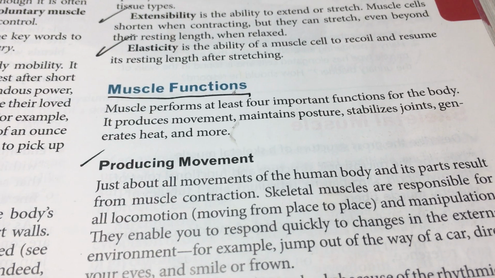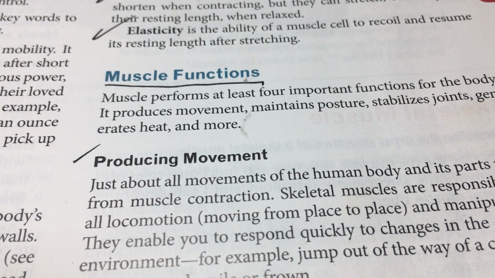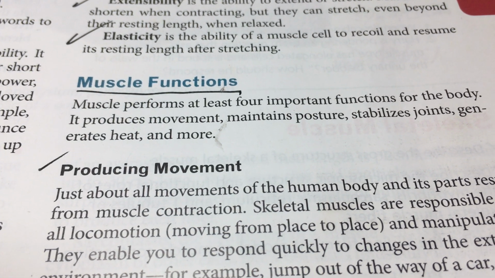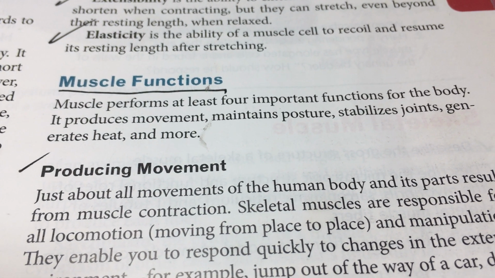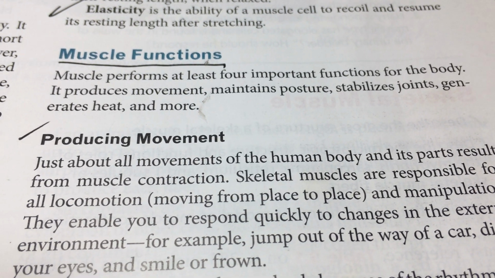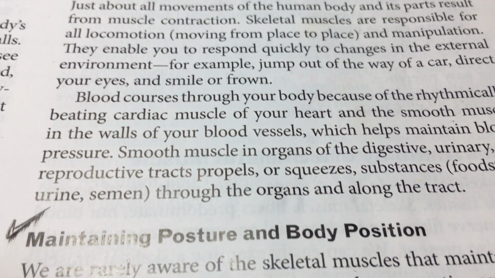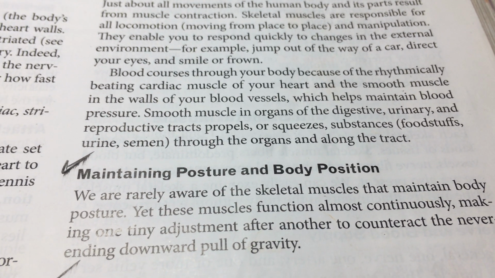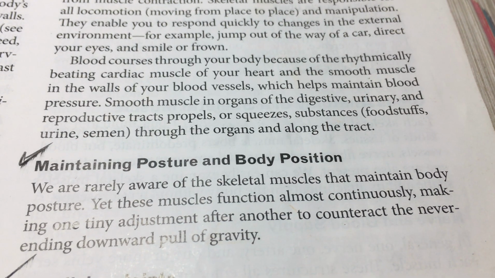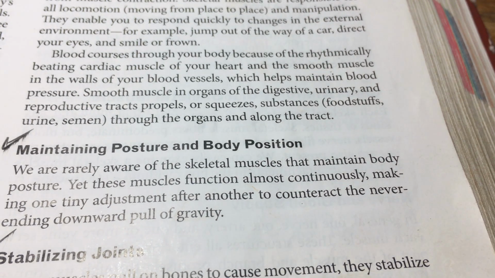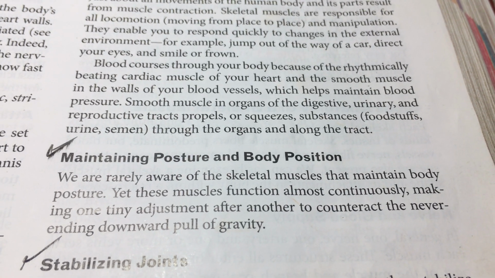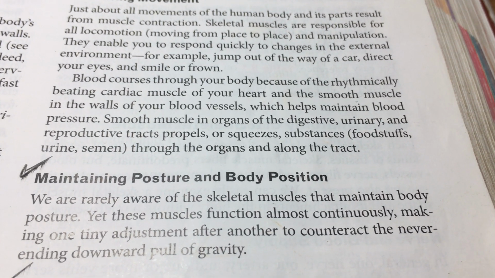Functions. We produce movement. Okay, the heart moves blood, the skeletal muscles move the body in various ways, and of course the digestive system relies on smooth muscle to move food. Okay, so then maintaining posture and body position, even if you are just sitting or standing still, you are still using muscles to maintain the posture of the body in a particular position.